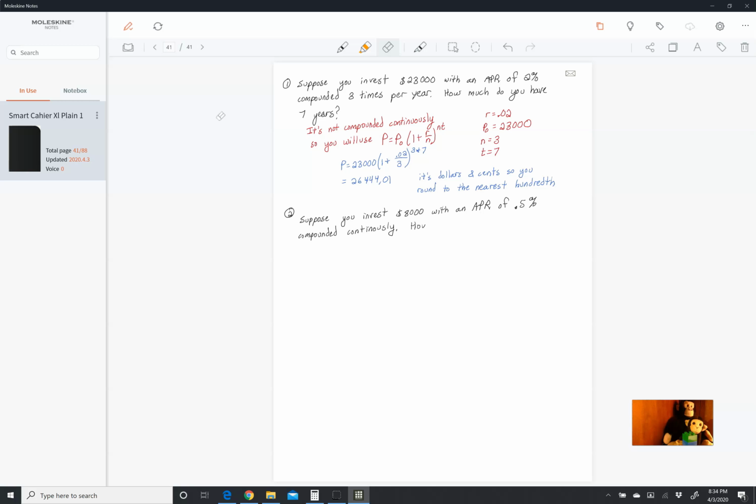You want to know how much you have after 10 years. Okay, so in this one, it's compounded continuously. As soon as you see these words, you're using that second formula. You're using the one with E.